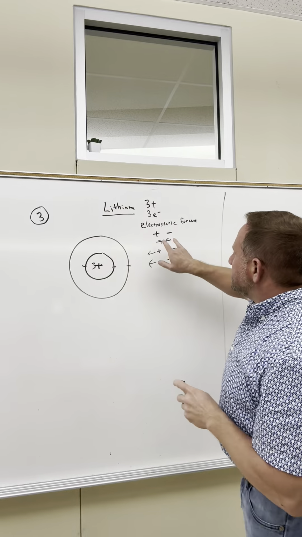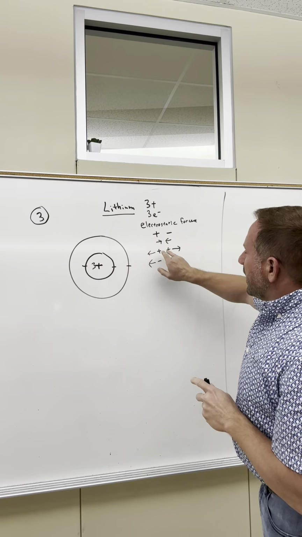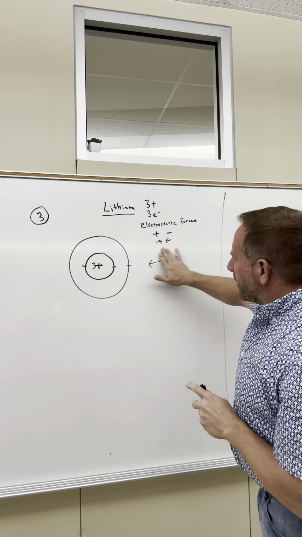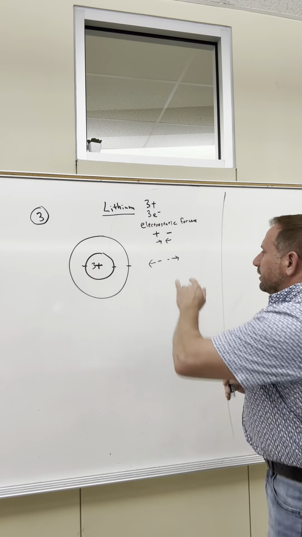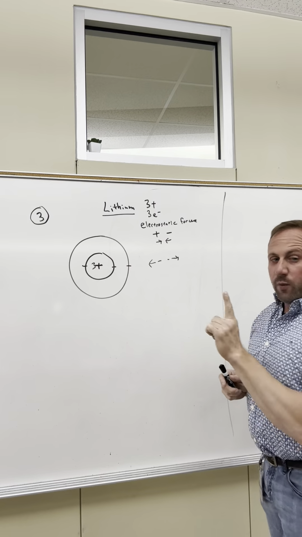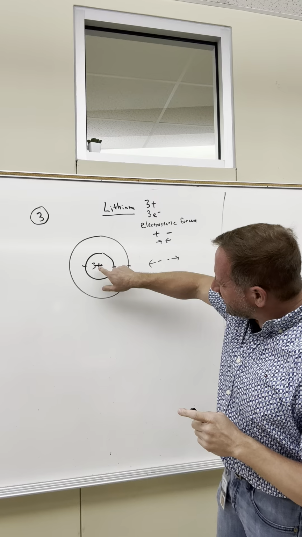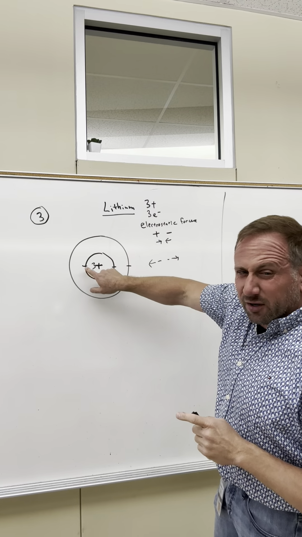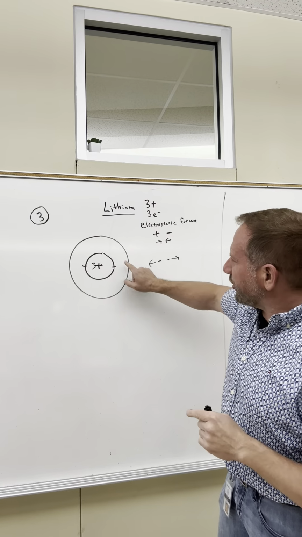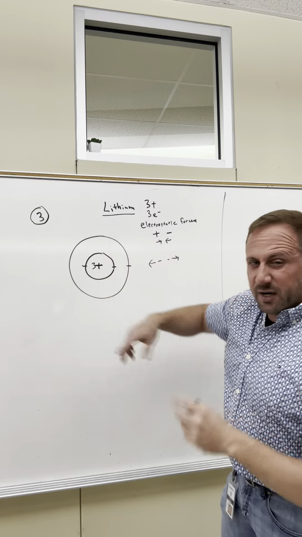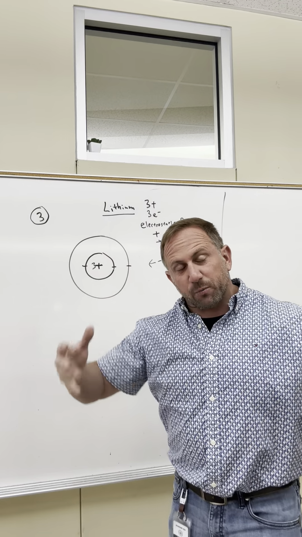So keeping with the idea that opposites attract and like charges repel, we have these electrons being pulled as close as they can to the center while staying away from each other, and we can't fit a third electron inside of here because that causes too much repulsion.